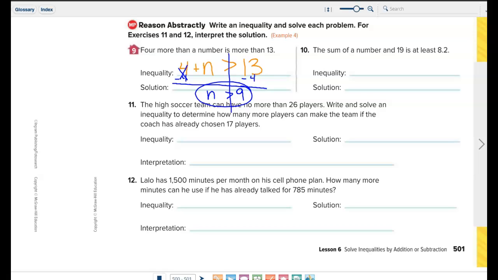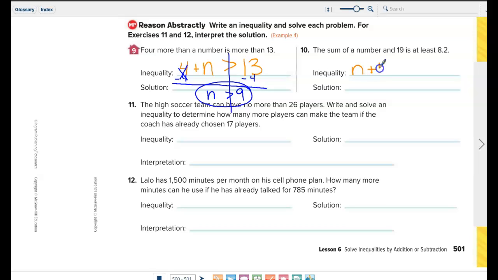On number 10, I have the sum of a number and 19 is at least 8 2/10. The sum means the answer to an addition problem, so we know we're going to add. A number and 19, we don't know what that number is, so we're going to say n.